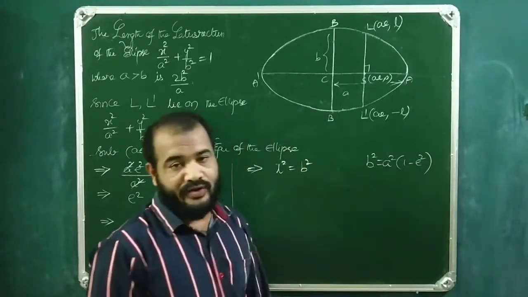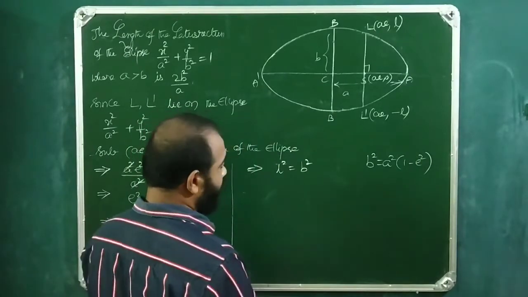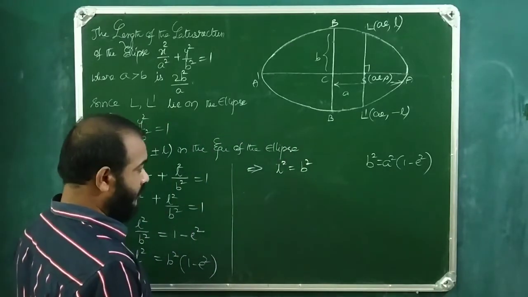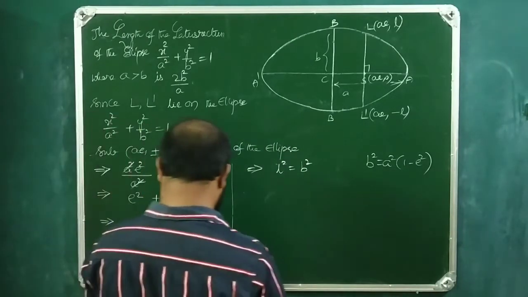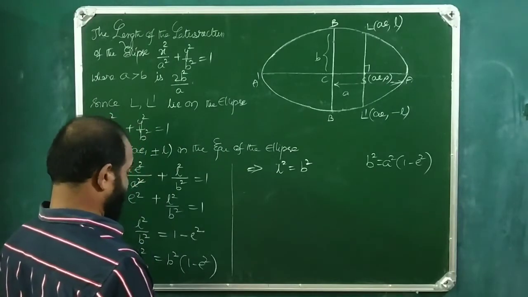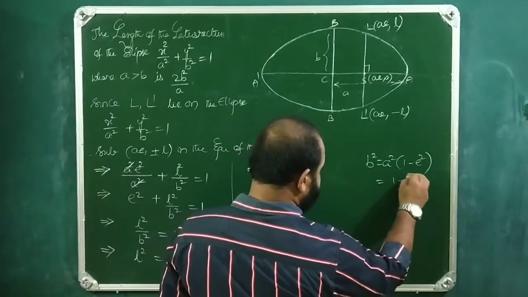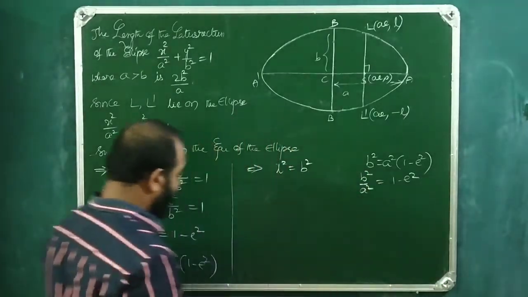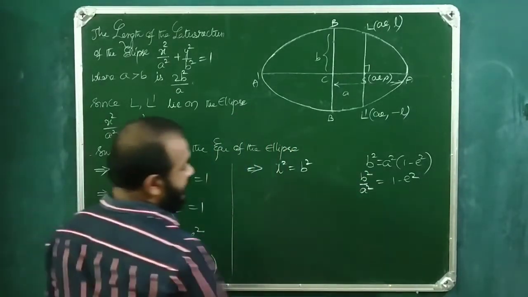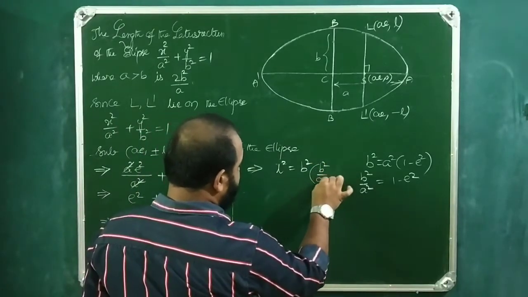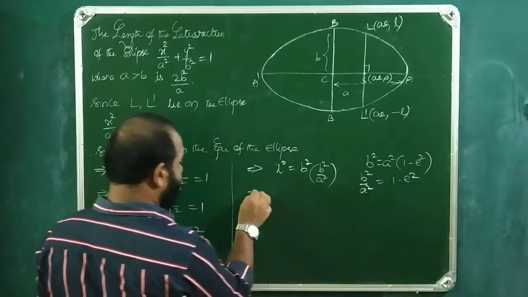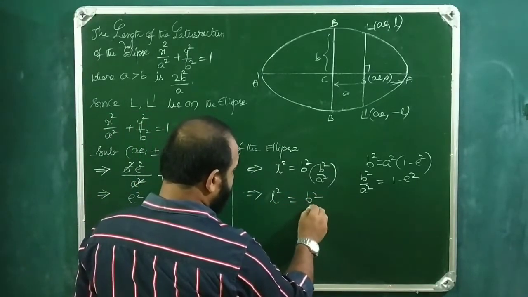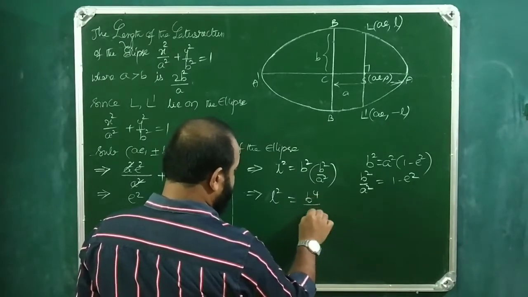So 1 minus e square is equal to b square by a square. Therefore, 1 minus e square can be written as b square by a square, which gives l square equals b square by b power 4 by a square.